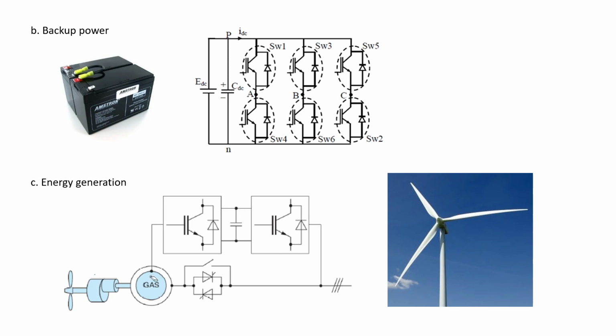From here you have a generator that generates AC, but because the wind speed can be slow or fast, this generator generates the AC signal at varying frequency, sometimes fast, sometimes slow. So you convert into DC first, and then you invert DC to AC at the specific frequency, right?